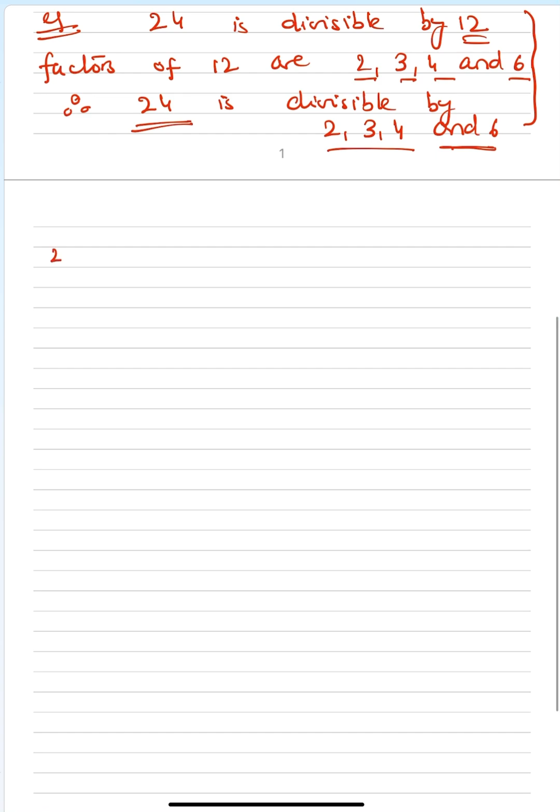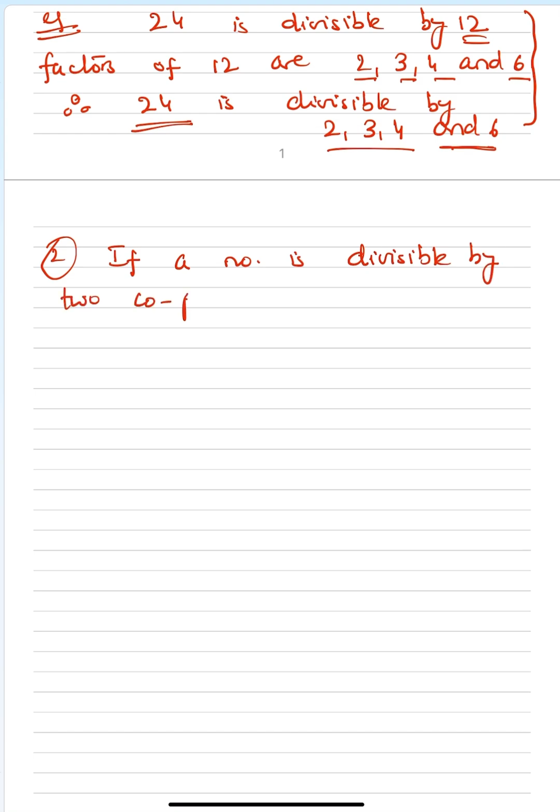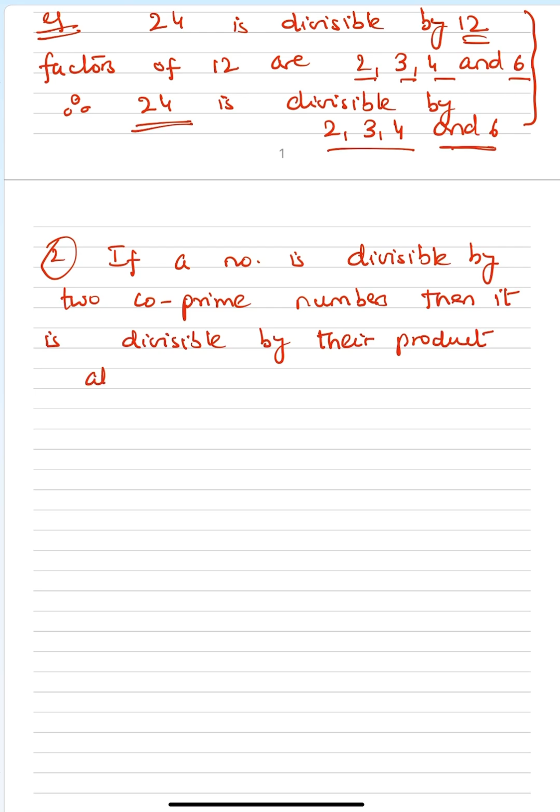Second statement is, if a number is divisible by two co-prime numbers, then it is divisible by their product also.